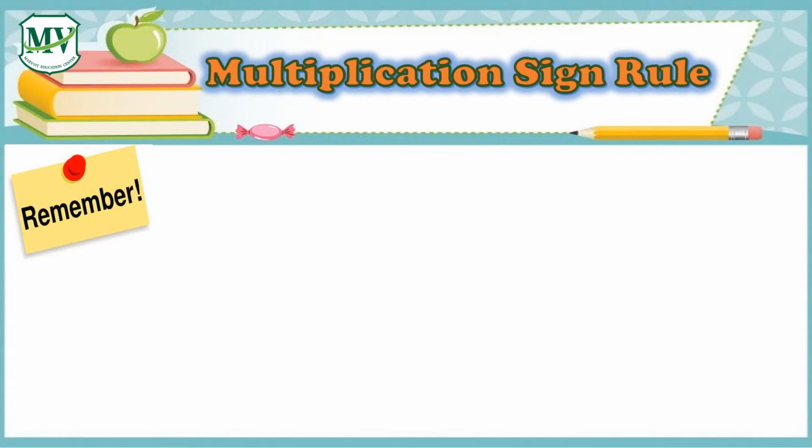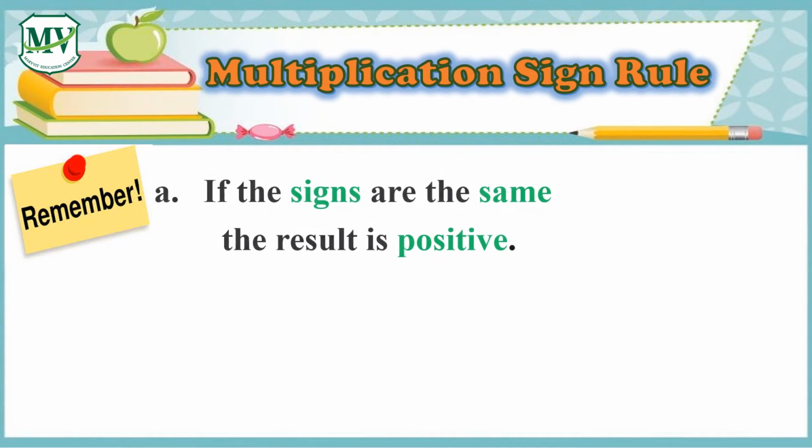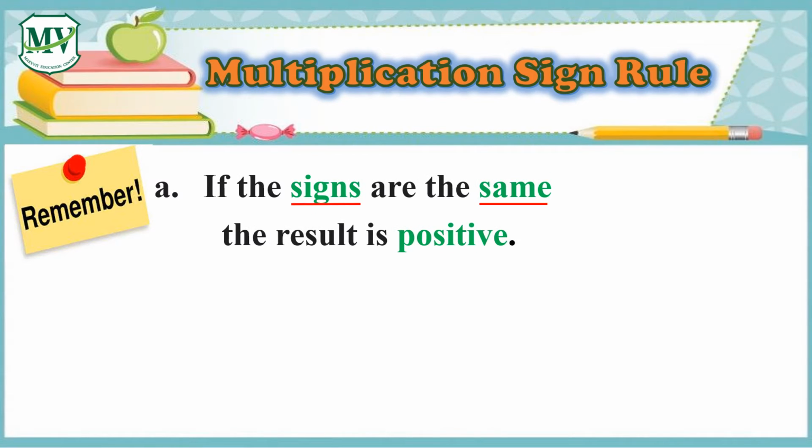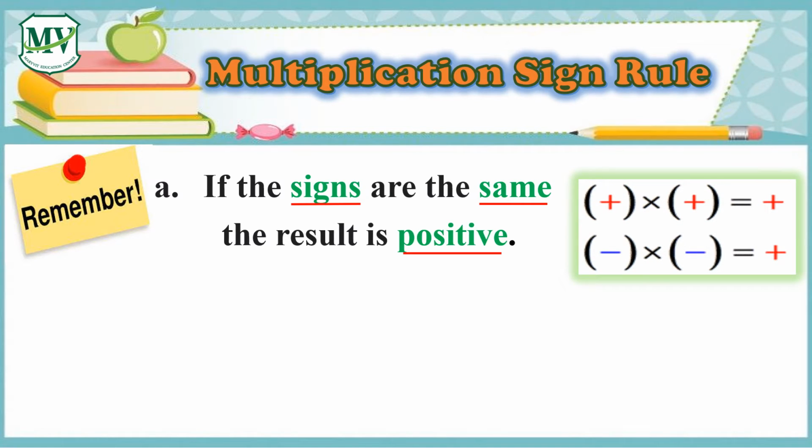This time, let's review the multiplication sign rule. Letter A. If the signs are the same, the result is positive. That means positive times positive equals positive. Negative times negative equals positive.